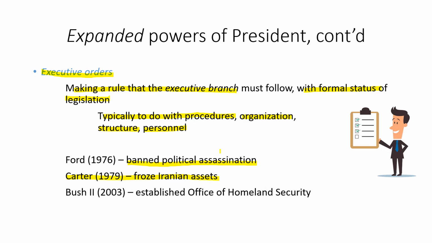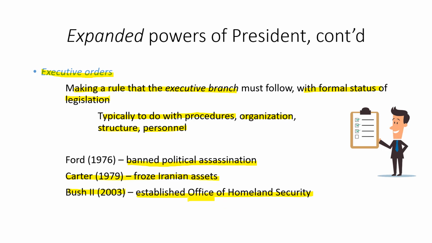And then George Bush II established the Office of Homeland Security as an executive order. So post 9/11, there was a restructuring of the government to create a new department that would guard against terrorist threats on our homeland. They brought in agencies from other groups and created a couple of agencies, but they realized fairly quickly that if it was an Office of Homeland Security, now office means it's part of the executive office of the president, which is basically his advisor.